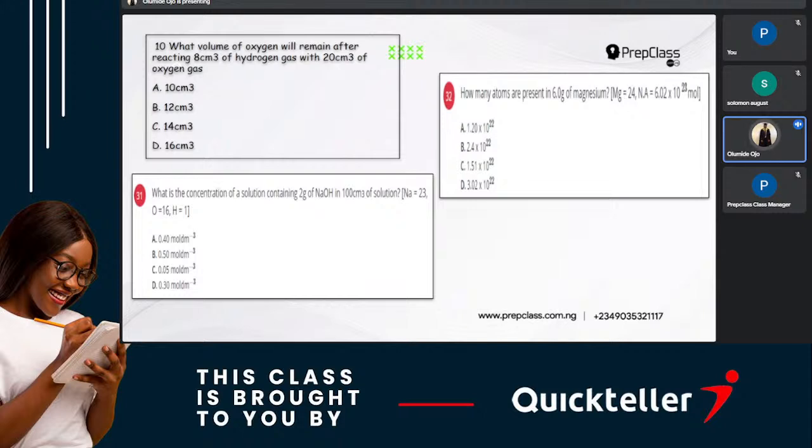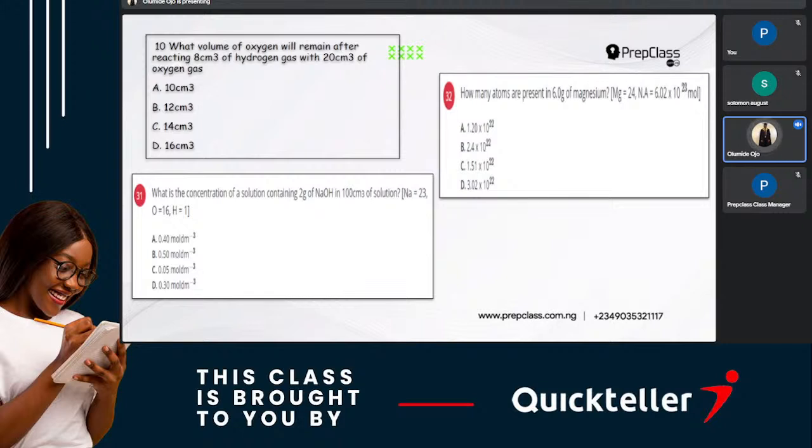So the next question, we have number 31, still the same here. What is the concentration of a solution containing 2 grams of sodium hydroxide in 100 cm3 of solution? What is the concentration that we are looking for? Concentration, we don't know, of a solution containing 2 grams.